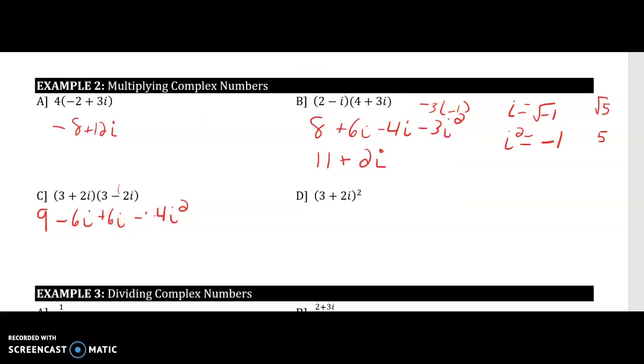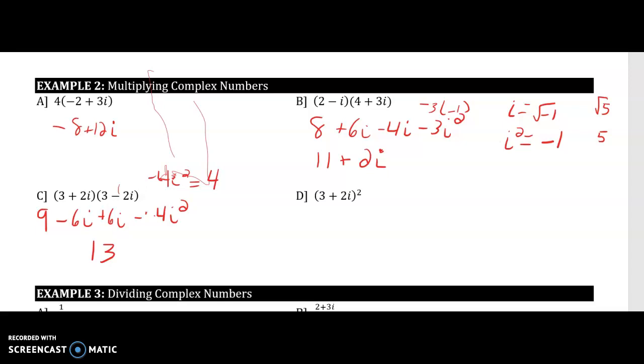I'm not trying to do that. So it's negative 4i squared. So notice the i's are going to cancel. What's negative 4i squared? Negative 4i squared is positive 4, because this is negative 1. Negative 4 times negative 1 is 4. So when you add all that up, it's 13.